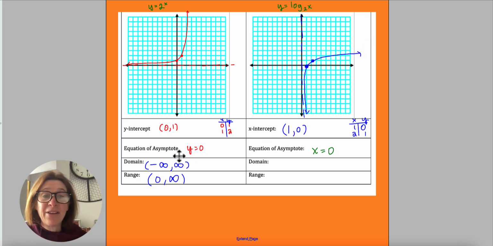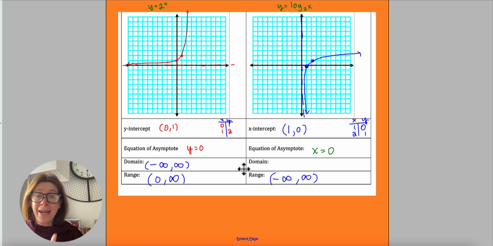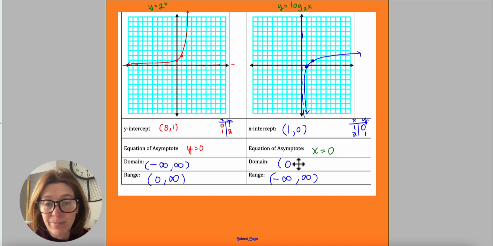And so if x and y's flip, we know domain is the inputs or the x's, so that's going to become my range. So negative infinity to infinity. You can see that clearly from the graph, whereas the domain now is changing from 0 to infinity. Okay.